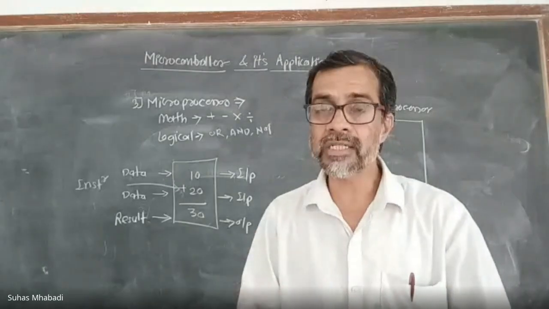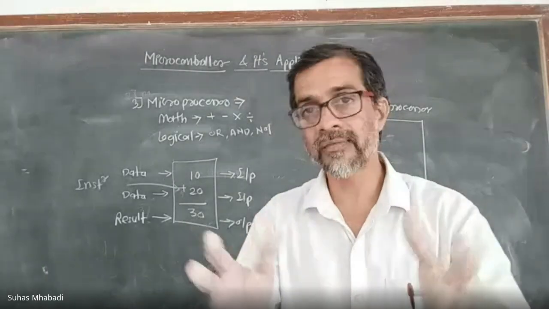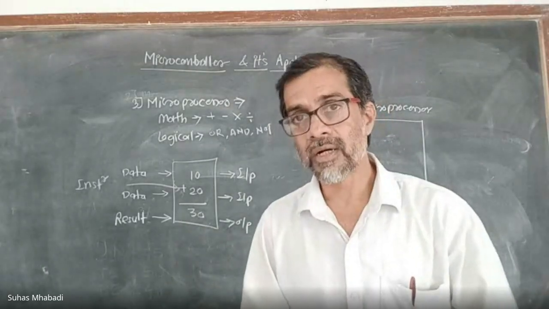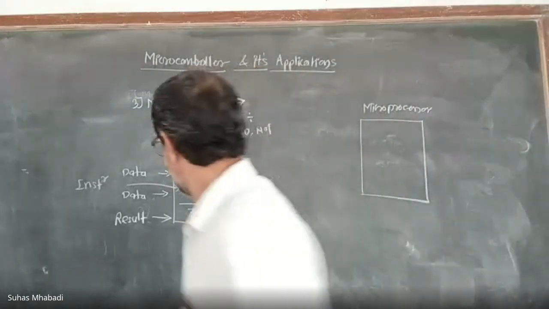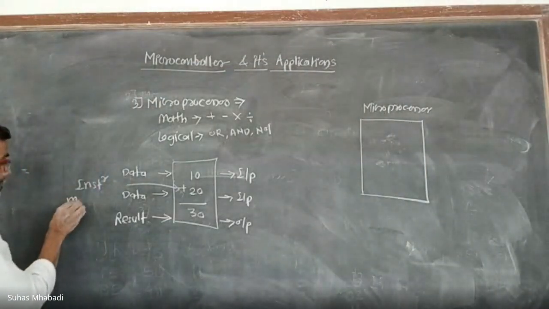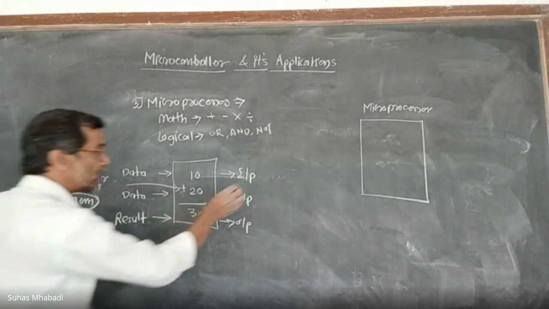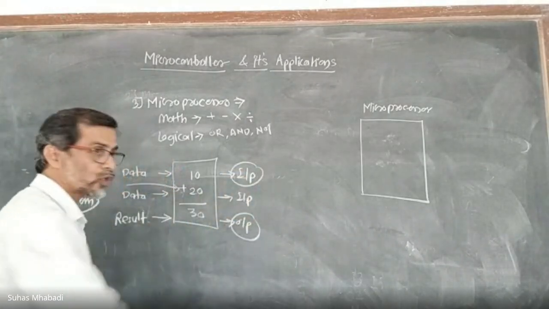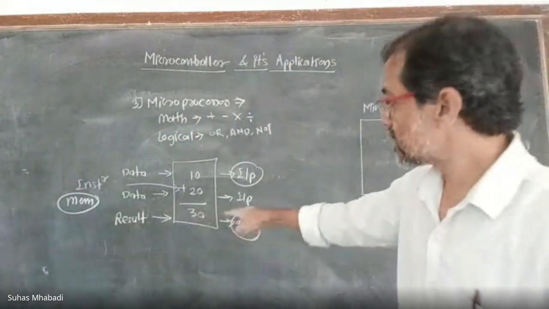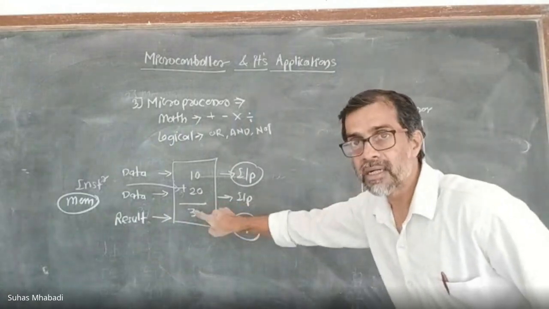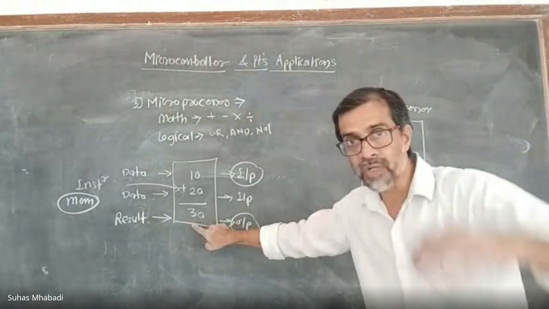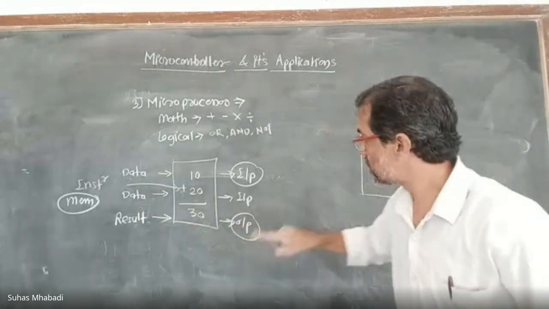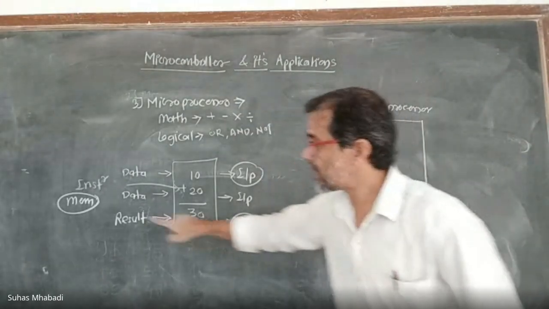Now these instructions are to be taken from a source that is called memory. So I require memory. Now what I want to showcase is that if this is a task to be performed by a microprocessor, this device has to communicate with input, output, and memory.